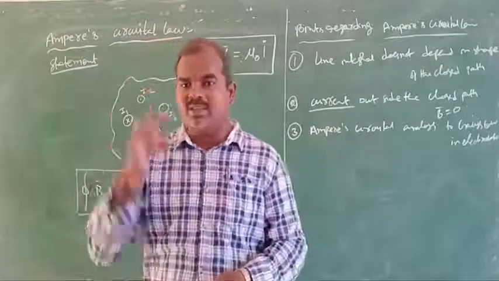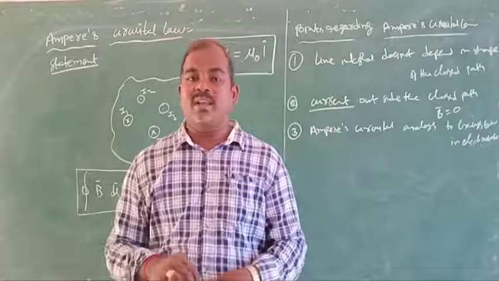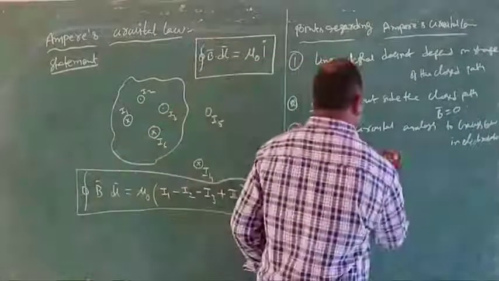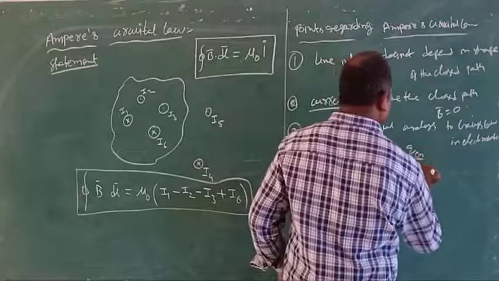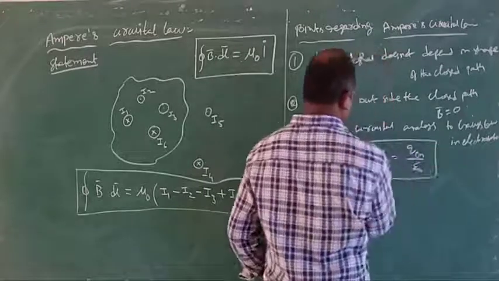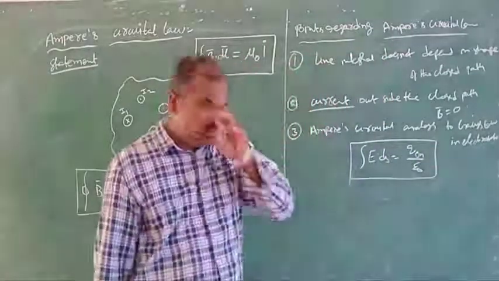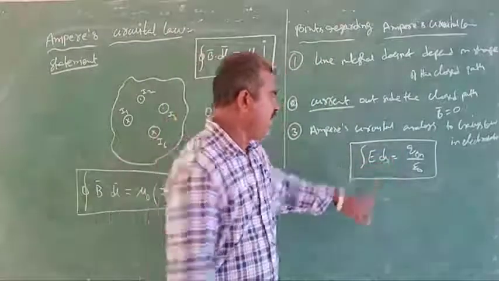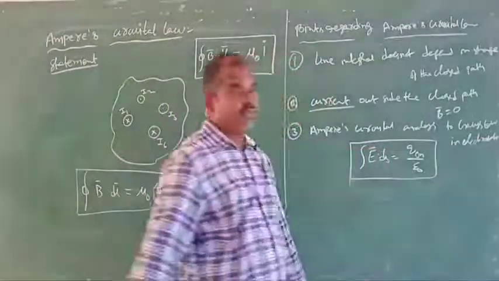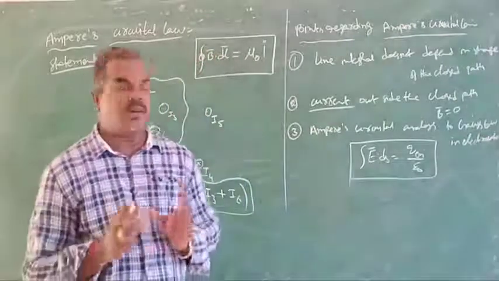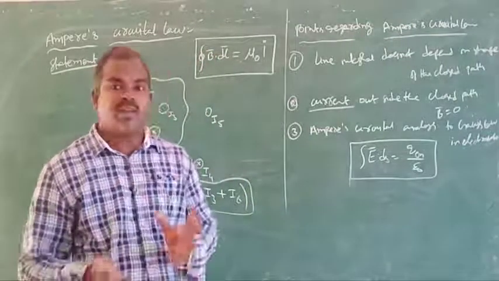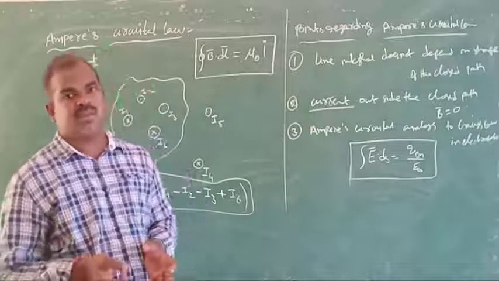Integral E dS is equal to Q enclosed by epsilon naught. Here Q is the charge, and E means intensity of electric field. Ampere's circuital law is analogous to Gauss law in electrostatics.